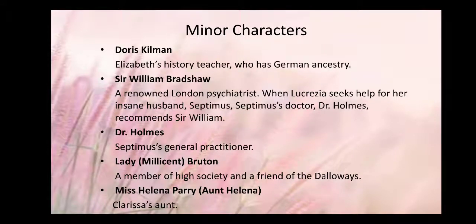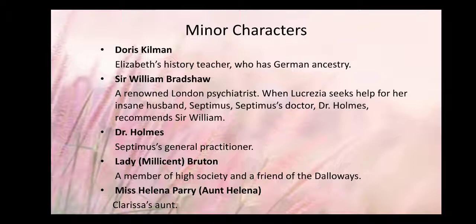Now, apart from these characters, we also have some more characters. We may call them minor characters, like the history teacher of Elizabeth, who is a German, Doris Kilman. Then we have Sir William Bradshaw. He is a renowned London psychiatrist. When Lucrezia seeks help for her insane husband Septimus, Septimus's doctor, Dr. Holmes, recommends Sir William Bradshaw.